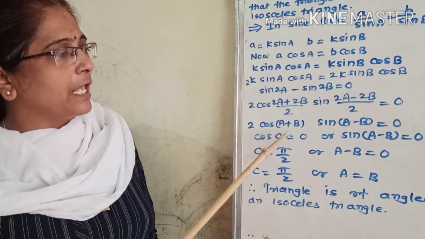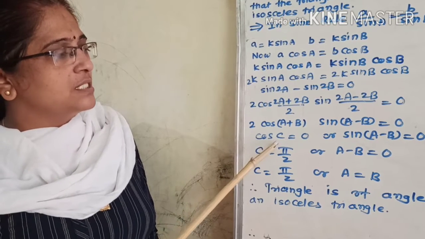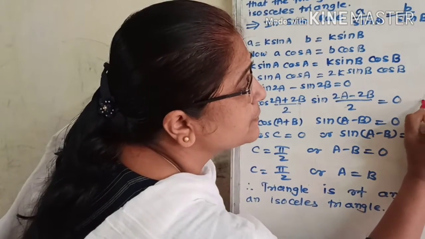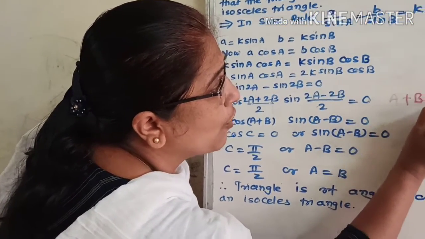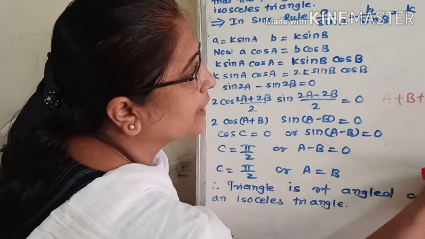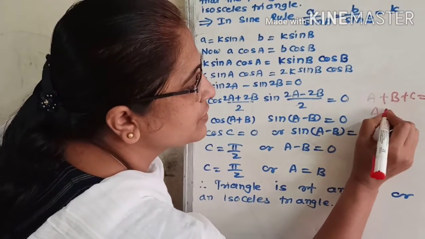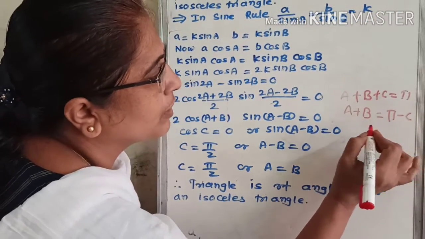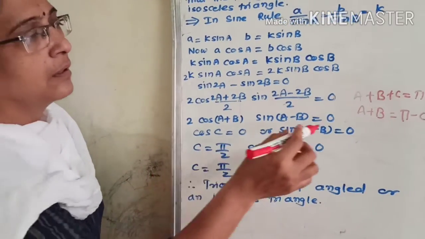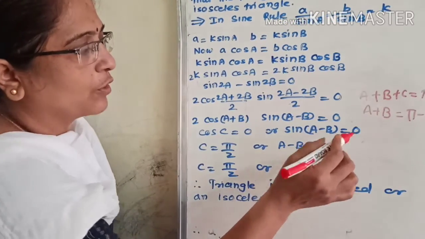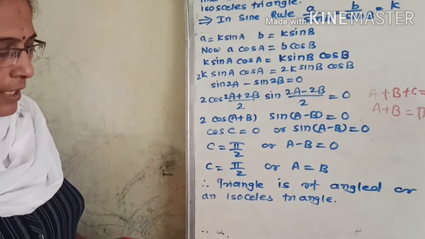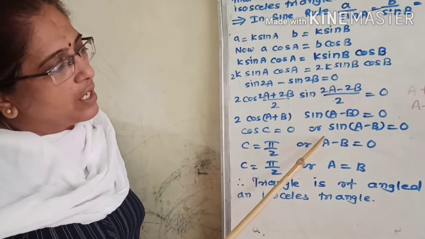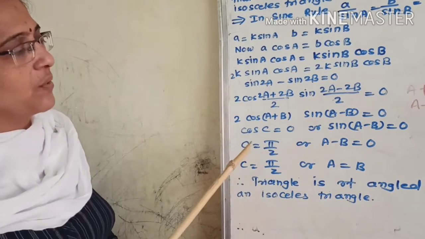Now here cos(A plus B) can be written in terms of C, because we know the property of a triangle, that A plus B plus C is equal to pi. Therefore A plus B is equal to pi minus C. Therefore cos(A plus B) is equal to minus cos C. So cos(A plus B) is replaced by cos C. Cos C equal to 0 or sin(A minus B) equal to 0.